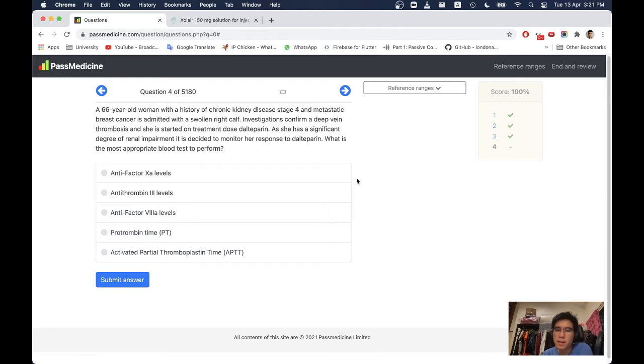Dalteparin is heparin, right? So heparin, you monitor via APTT. Is it? Heparin acts by blocking antithrombin 3. Antithrombin 3 works on, I don't know.